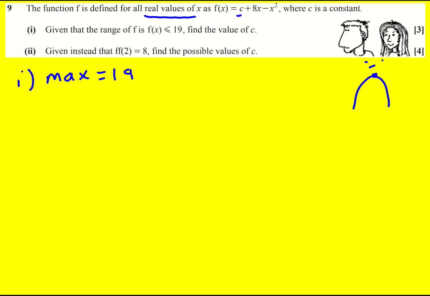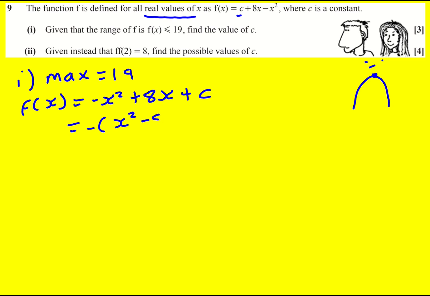Now there's two ways to work out the maximum for a quadratic, or at least two ways traditionally done in A level, and that is firstly to try and complete the square. So f of x is going to equal minus x squared plus 8x plus c. To complete the square on this negative, you basically take the negative out, just like if you had a 4, you'd factorize the 4 out of the x squared term and the x term.